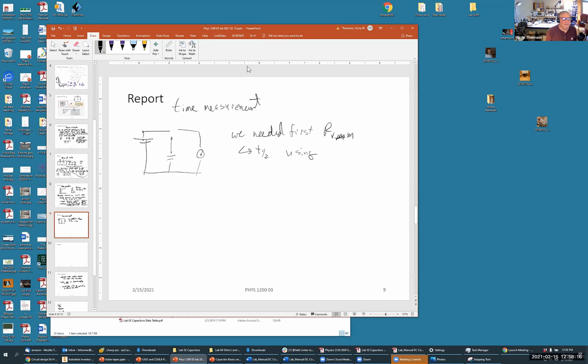And then next we plotted V as a function of time alongside the equation V equals V bat e to the minus t over RC.